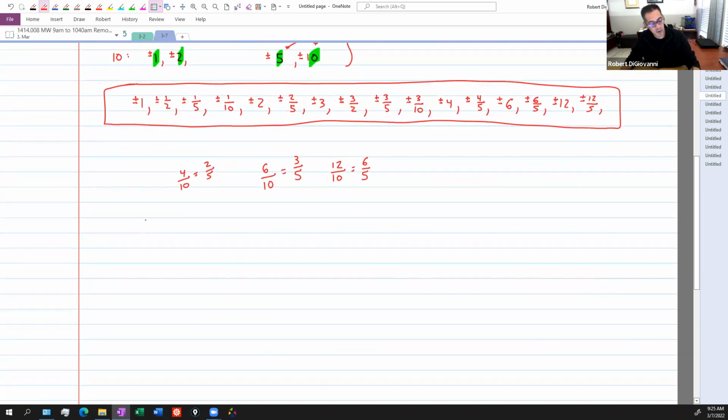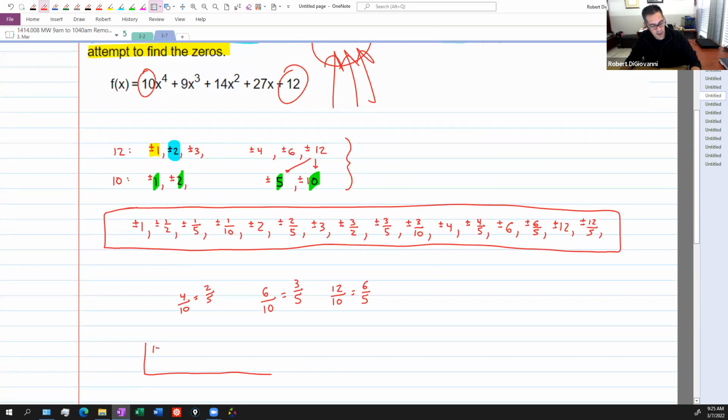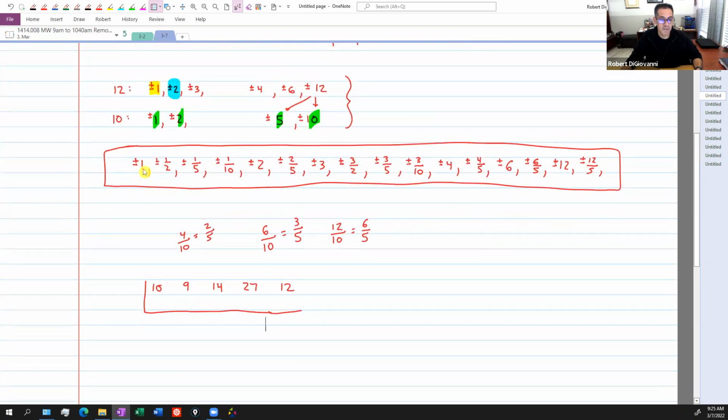If we wanted to, what we could do is start doing synthetic division with this 10, 9, 14, 27, 12, right? That's the polynomial. And then we could start using these numbers. We try 1. If 1 didn't work, we do -1. If that didn't work, we would go to half. If that didn't work, -1/2.